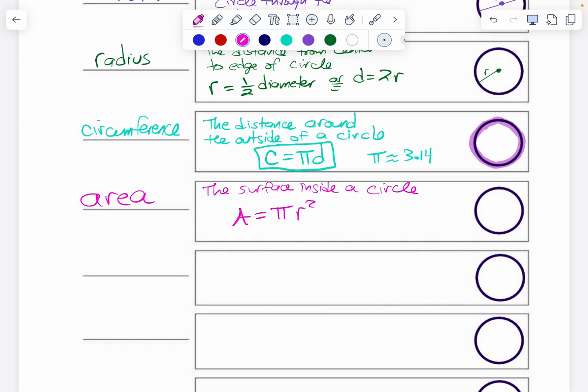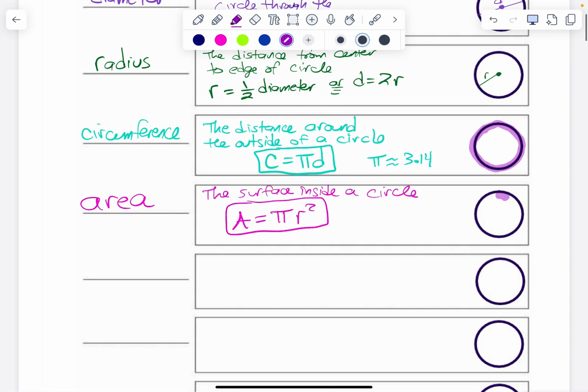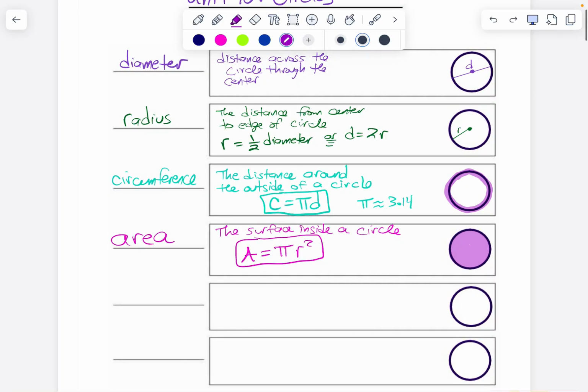Pi times radius squared. Okay, I'm going to write this out to the side.